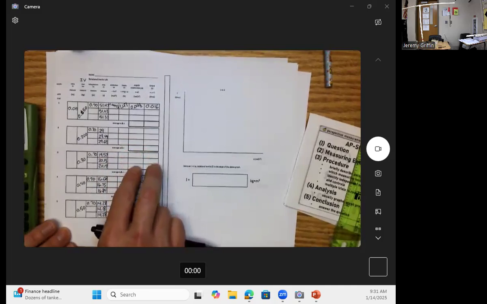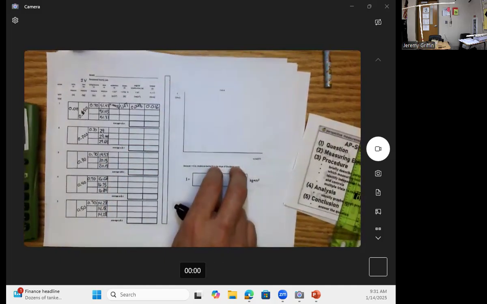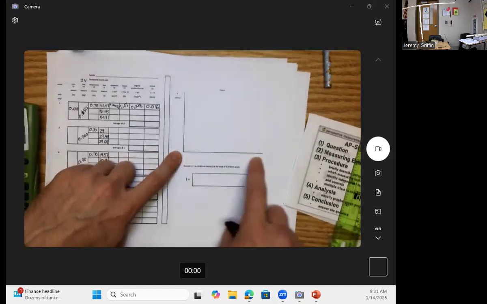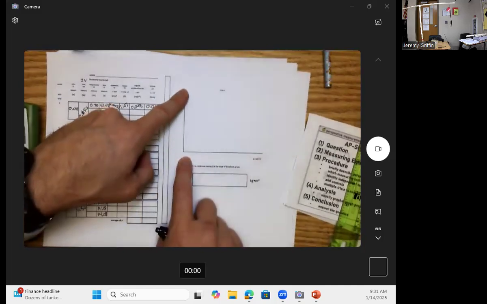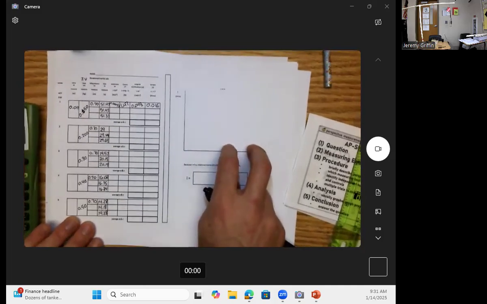Now, these 2 bold boxes at the bottom of each trial, do you see these are going to be Cartesian coordinates on this graph? So I got average alpha and average tau. Here's alpha on the x-axis. Here's tau on the y-axis. What shape do you think this graph is going to look like? You think linear?